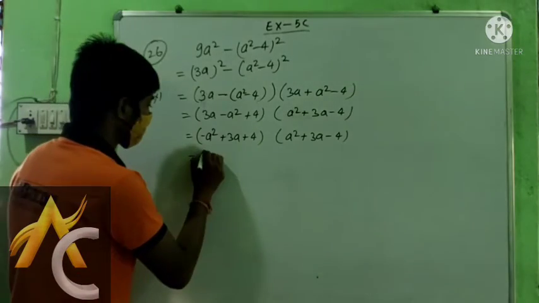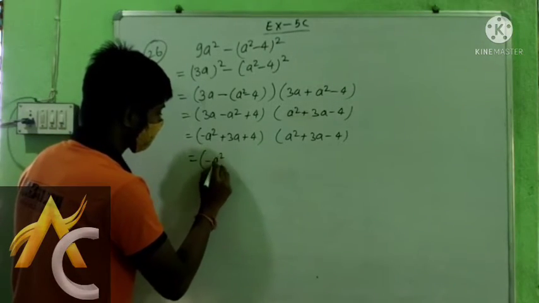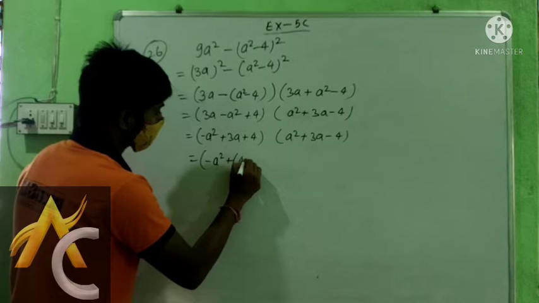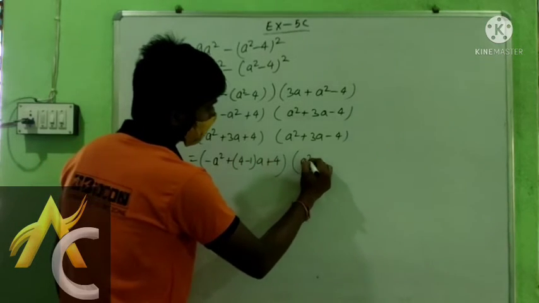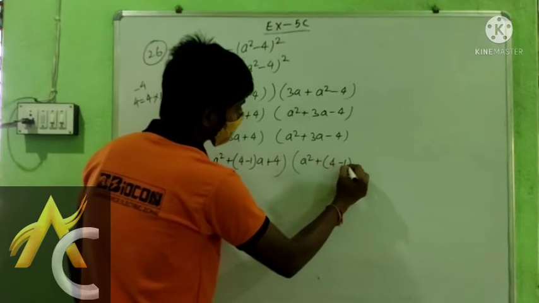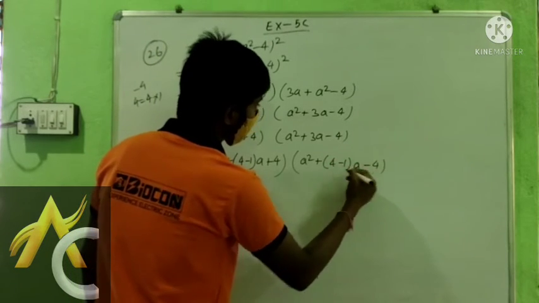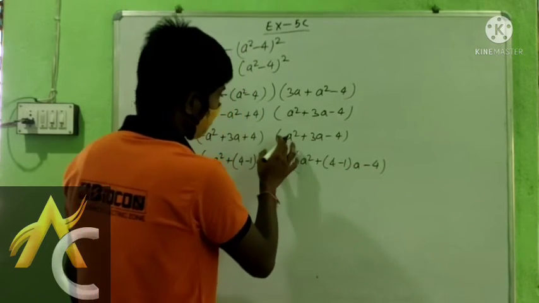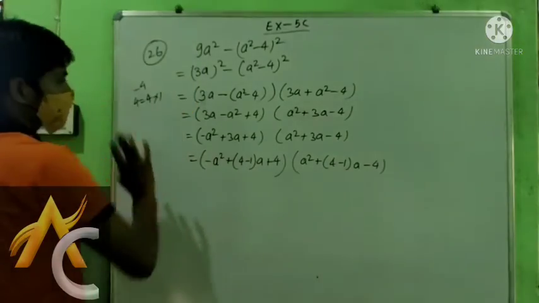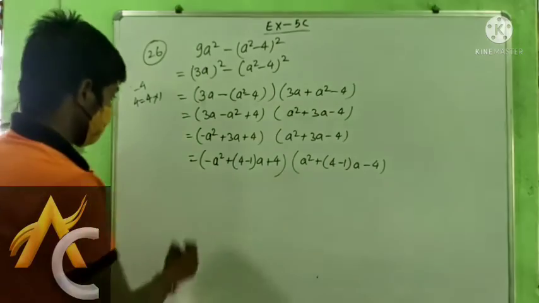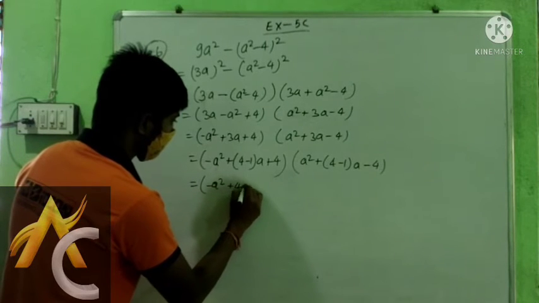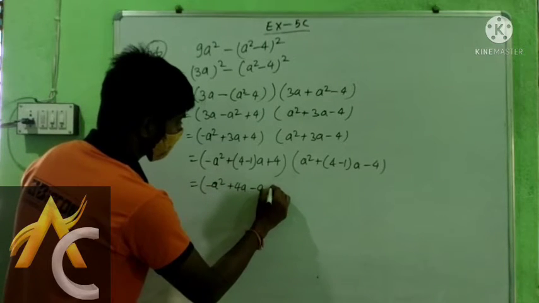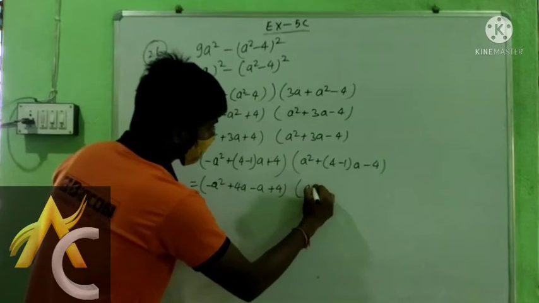So we will write here minus a square plus 4a minus a plus 4. Similarly here, a square plus 4a minus a minus 4, because in this case also 1 into minus 4 is minus 4.